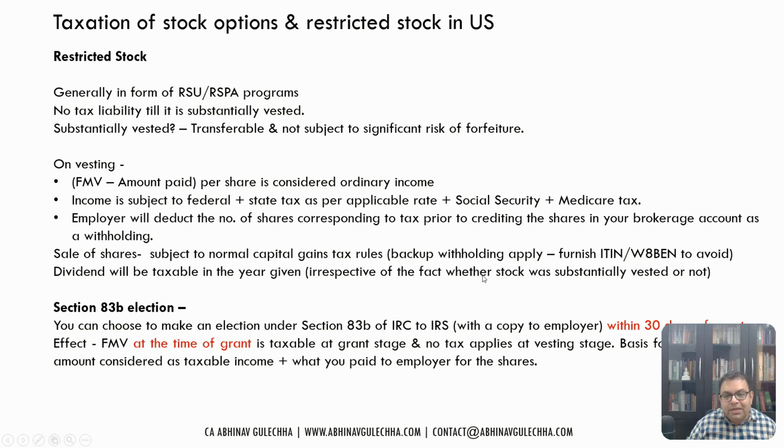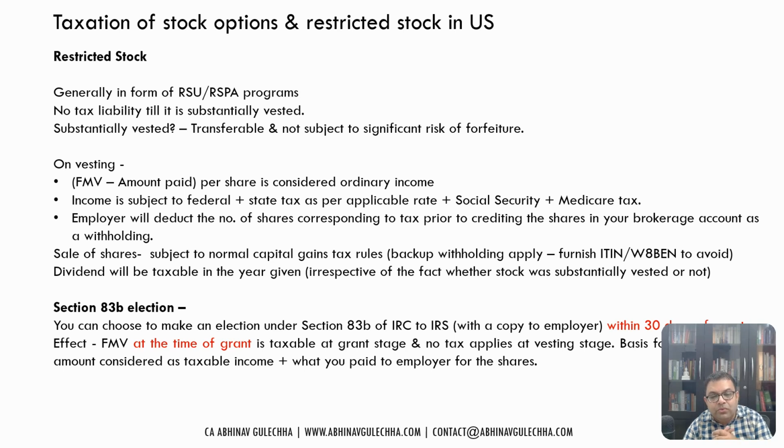Now, the effect of this election is that the FMV at the time of the grant, which in the case of startups is very, very low, right? So, FMV minus whatever price you pay. If you pay the same price as the FMV, then there is zero taxation at the time of the grant, or the FMV is taxable at the time of the grant, and no tax when the shares vest to you, because at the time of vesting, generally the stock value significantly appreciates depending upon when the vest happens.